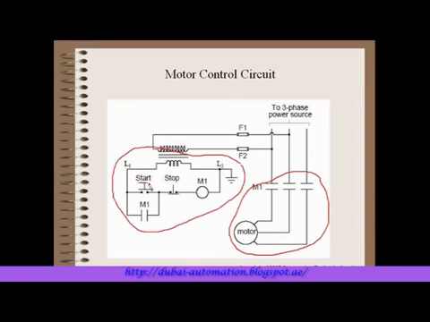Now you have your start push button, you have a stop push button, and then you have a typical relay with a seal-in contactor where when that relay pulls in, it seals around this momentary start push button. So that's our standard motor start-stop circuit that we have for a PLC.